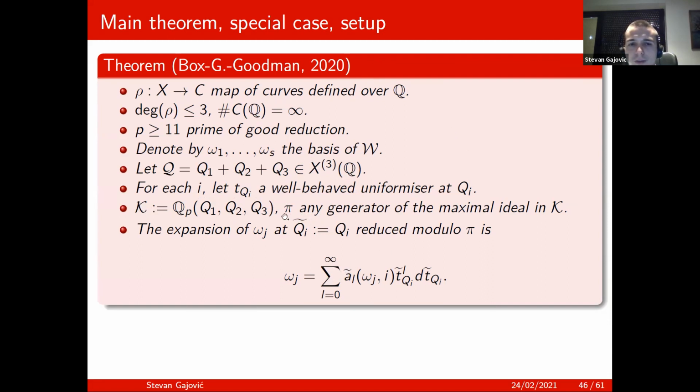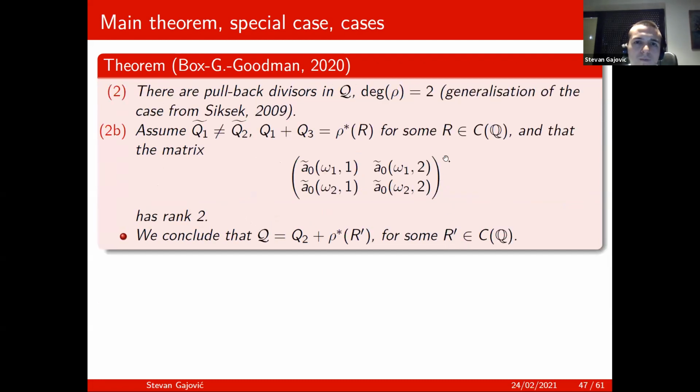And we expand all differentials as we did for the usual Chabauty-Coleman method. So this is just the expansion of omega j at Qi.